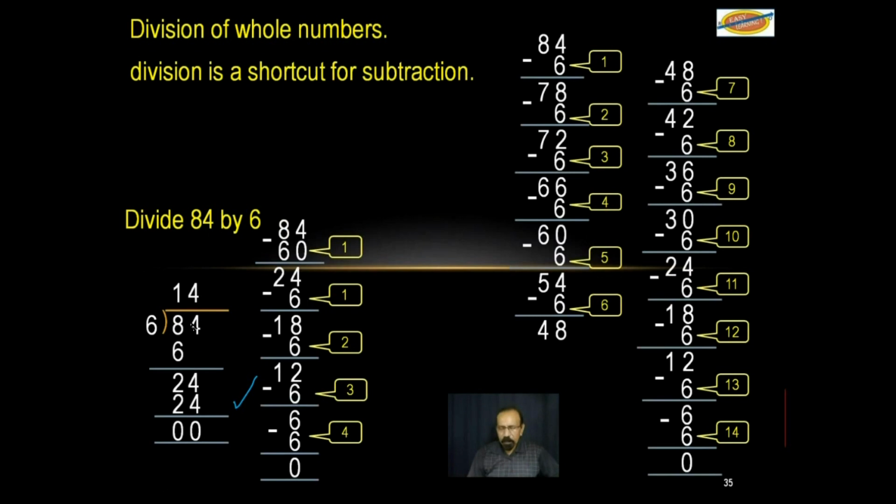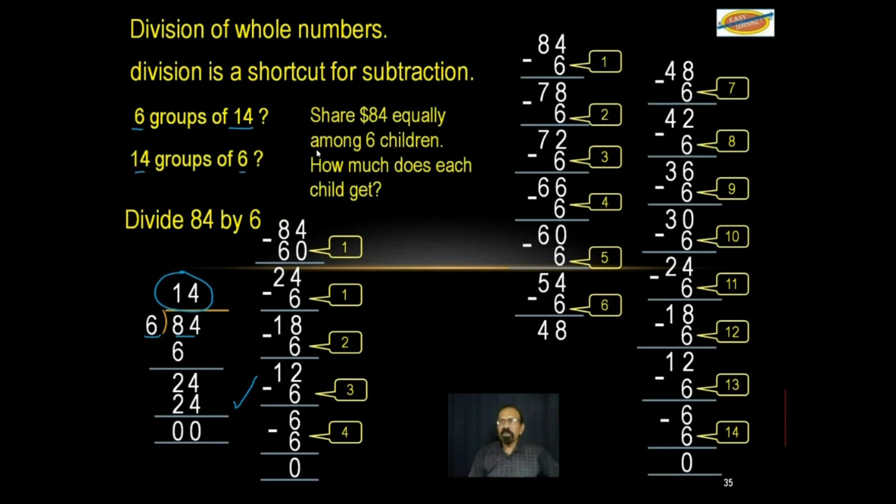So if you divide 84 by 6 and you get 14, what does that mean? Is it 6 groups of 14 or is it 14 groups of 6? Well, that depends. If you share $84 equally among 6 children, how much does each child get?